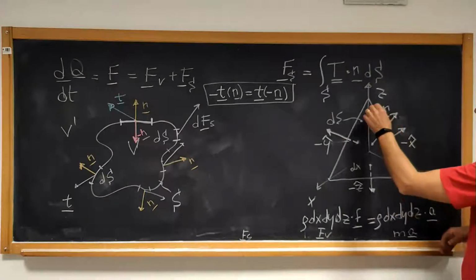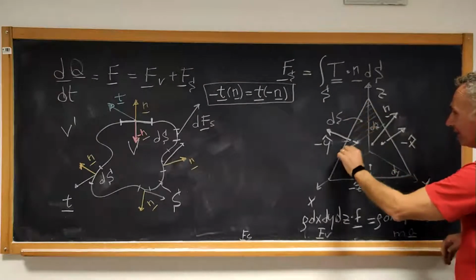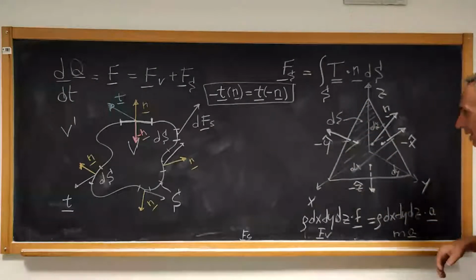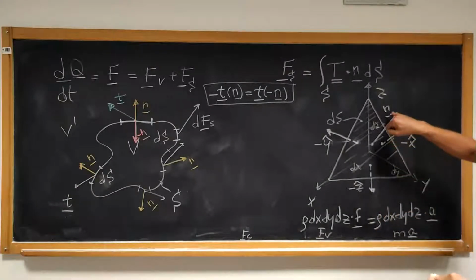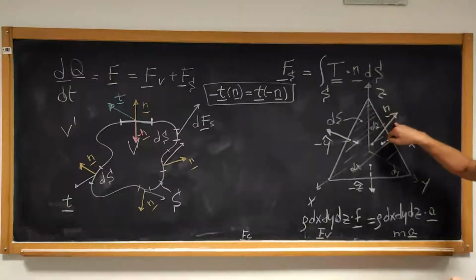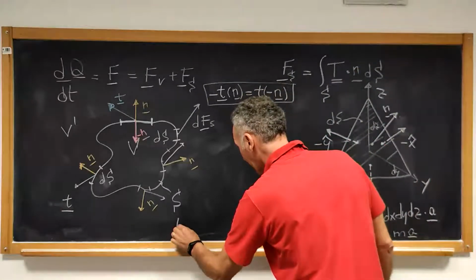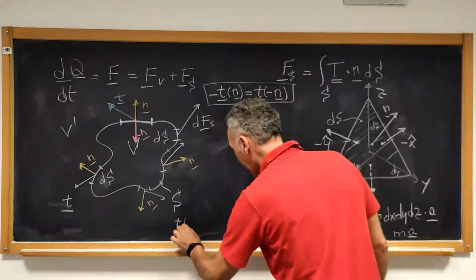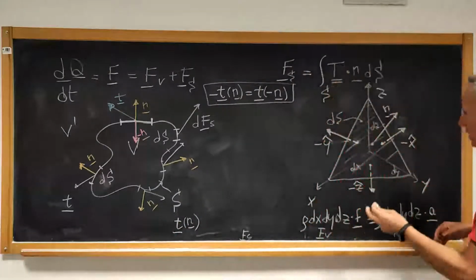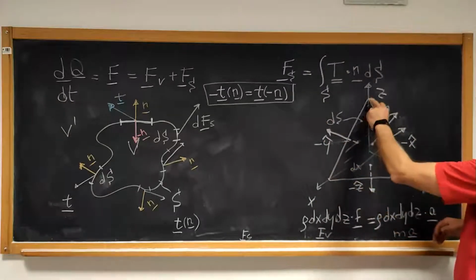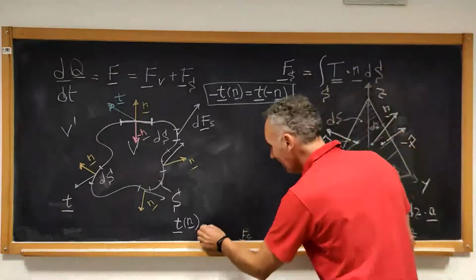Of course, on this inclined surface we have some tension, and this tension vector would be a function of the outward normal, so the tension vector as a function of the outward normal times ds, and ds is this infinitesimal surface.